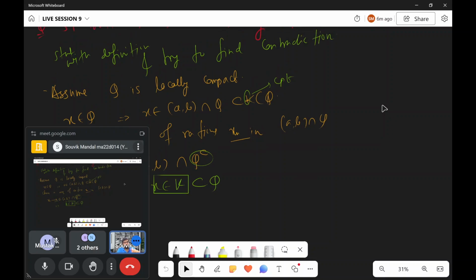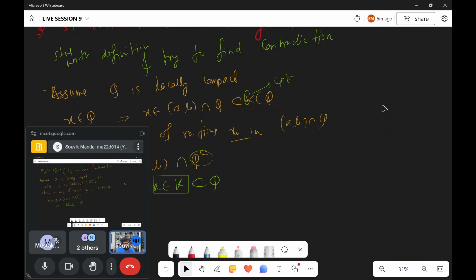So let me repeat. Suppose let's assume that Q is locally compact. There is x belongs to Q. This tells that x belongs to open (a, b) intersection Q, subset of Q. K is compact.